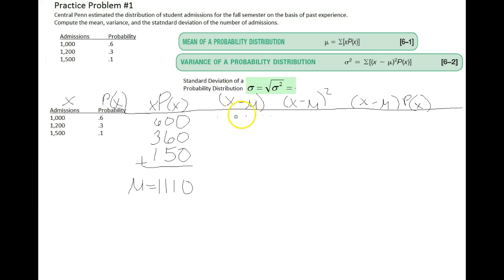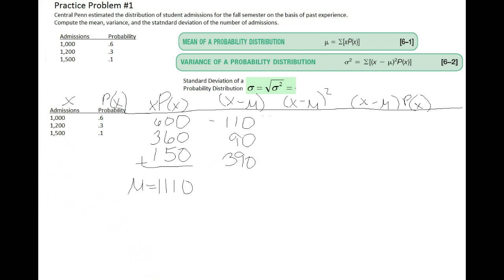I'm just going to put the answer here instead of writing it all out, because I don't have room. Negative 110. Then we are going to do 1,200 minus 1,110, which is 90. And 1,500 minus 1,110 is 390.